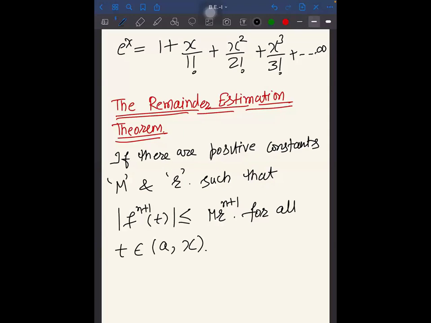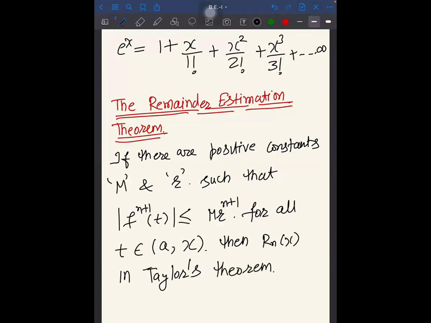Okay, so a to x, then R_n(x) in Taylor's theorem, which we have already done.